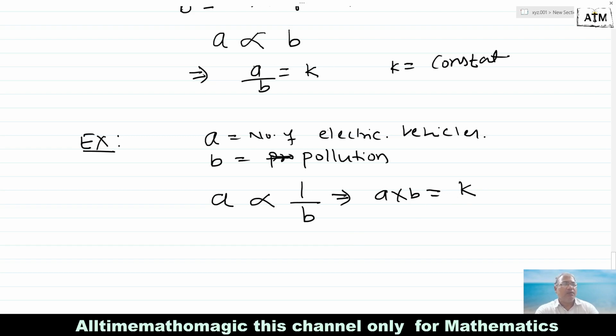When two numbers are in direct proportion, then their division equals a constant. That is A upon B equals K. If A and B are in direct proportion, A upon B equals K, and A into B equals K if they are in inverse proportion. Now let us define direct and inverse proportion.